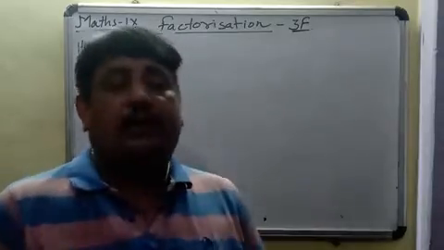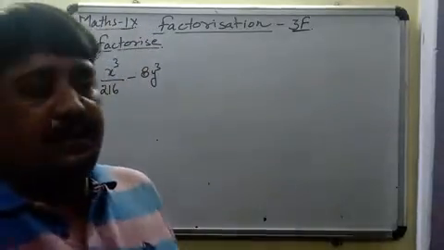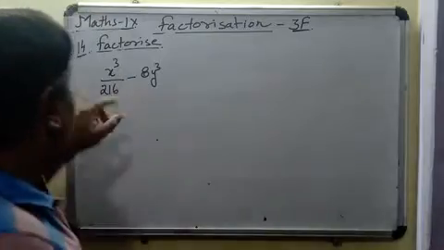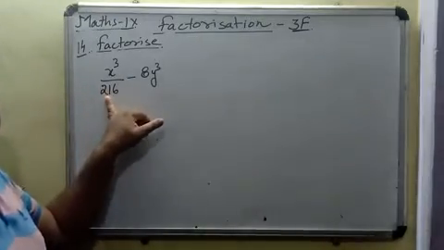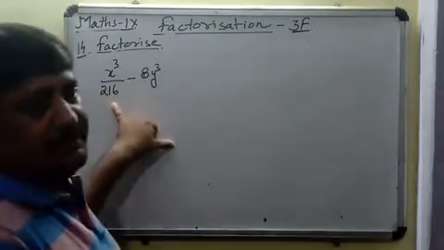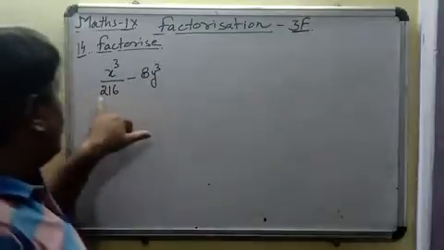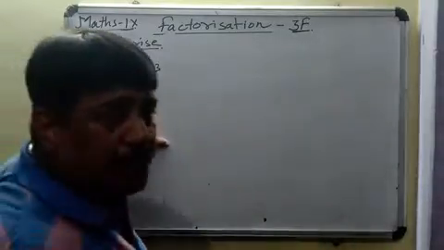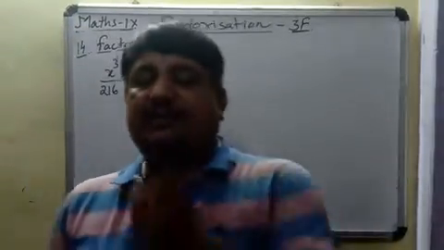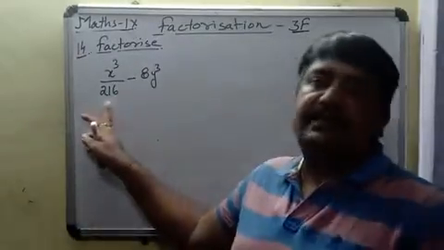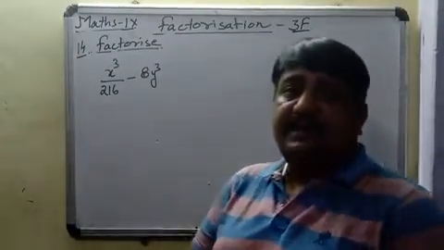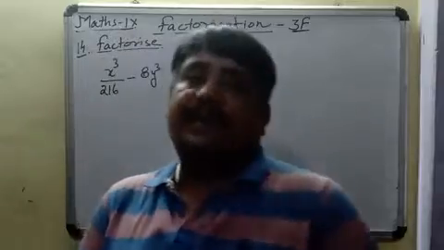But if you do not have any idea regarding perfect cubes, then it will take time. See, this 216 is a perfect cube of 6. 6 into 6 into 6 will stand for 216. 6 6s are 36, 36 6s are 216.